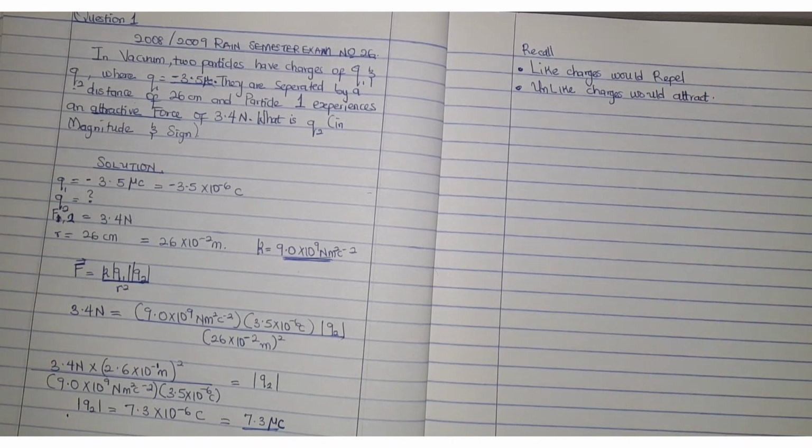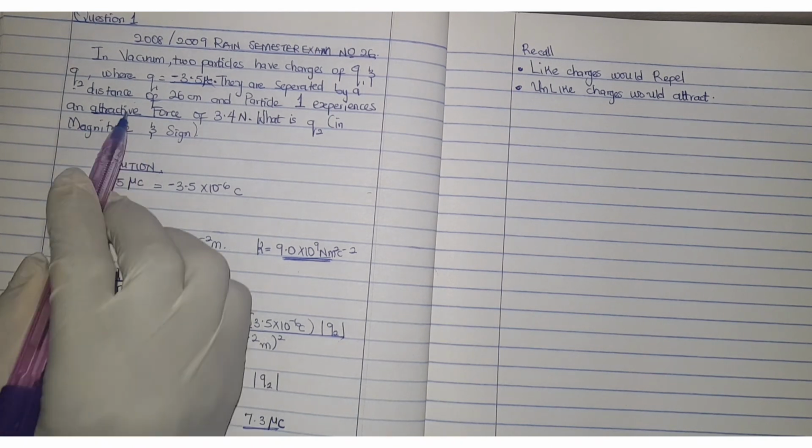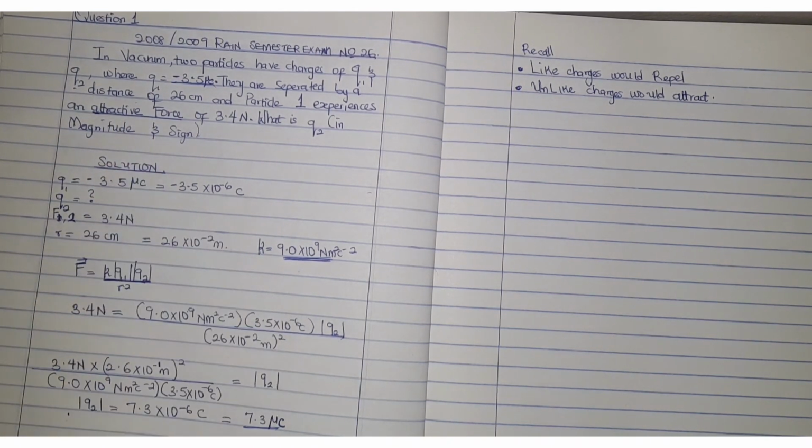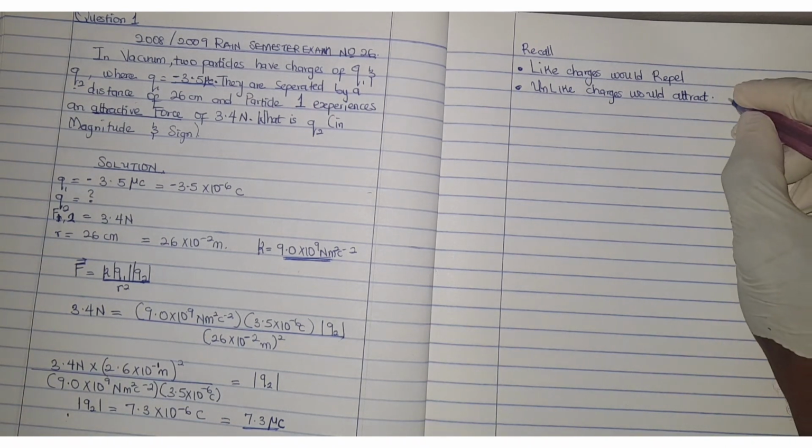Now, if there is an attractive force, it only implies that Q1 and Q2 are unlike charges.